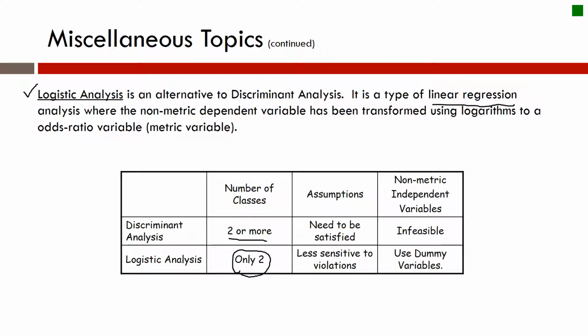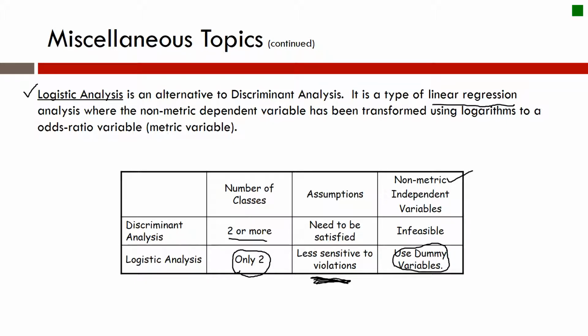Right, and because it's more regression focused, it's a little bit easier to work with in terms of assumptions, and we can have non-metric independent variables. So we can use dummy variables, which we have to do if we're going to do a regression and we're going to have non-metric independent variables. Then they have to be in the form of dummy variables for that to work out.